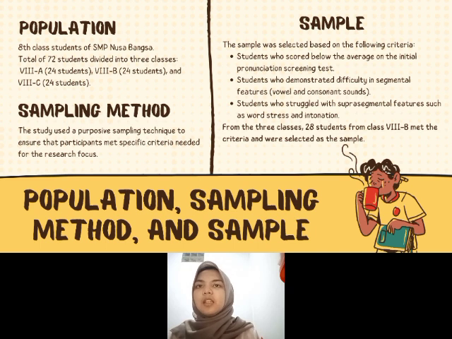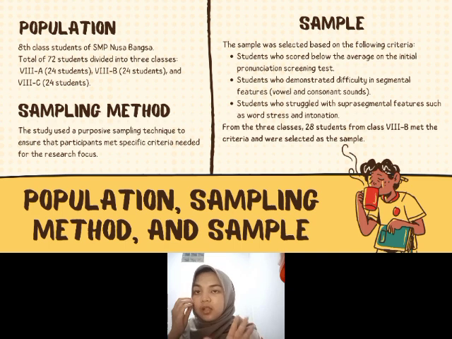Next, the population and sample. The population consists of all 8th grade students at Nusa Bangsa Junior High School in the 2024-2025 academic year, totaling 72 students divided into three classes, 8A, 8B, and 8C.